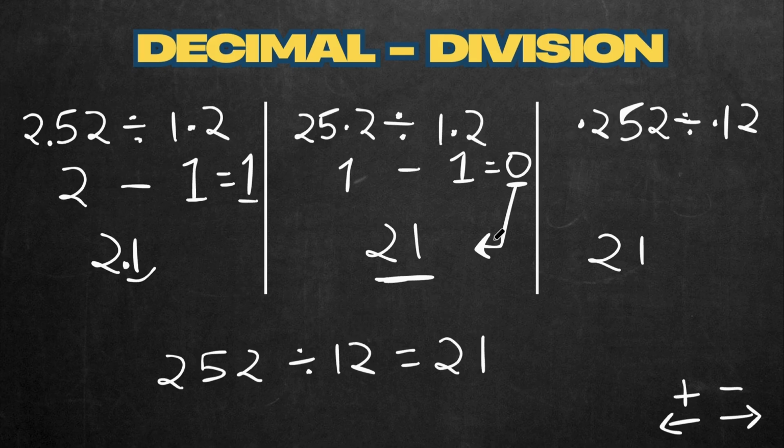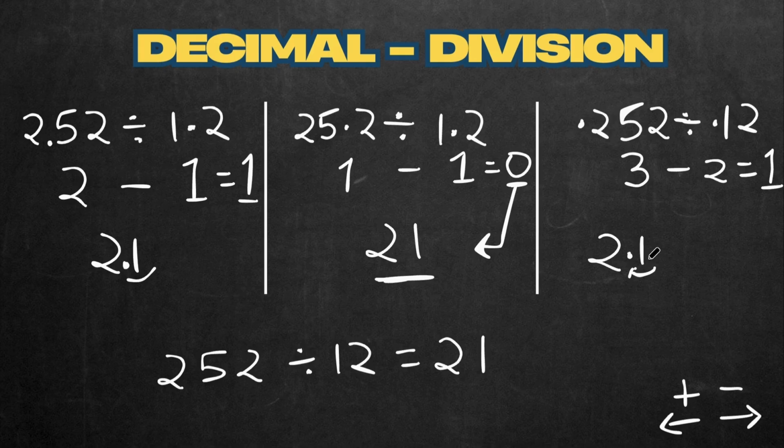Okay, and the last one and the most tricky one, have a look very closely because this will help you, is when you have 3 decimal points here minus 2 decimal points here, and the final answer is 1, which means my final answer will have again only one decimal point, which will be here.